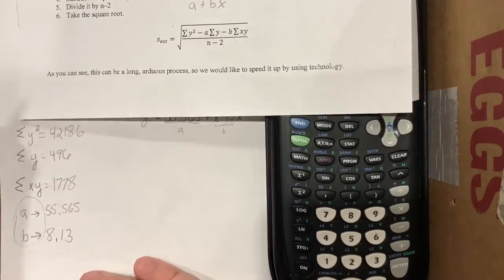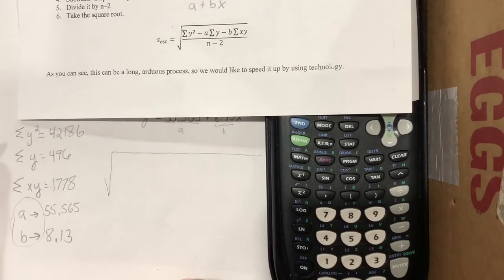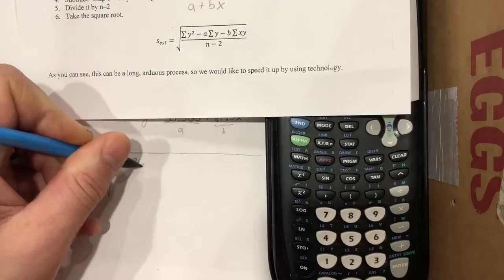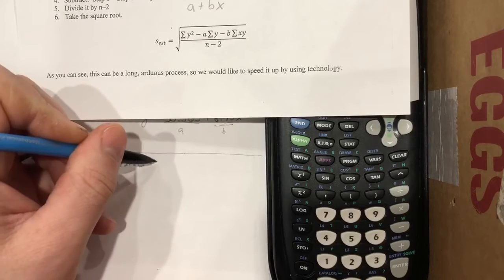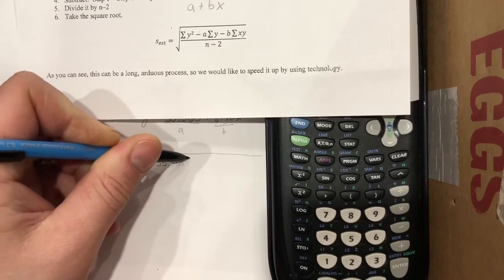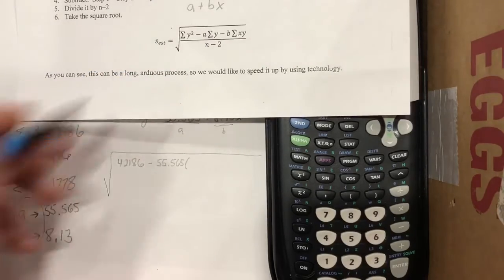So you've got the square root of everything. The summation of y squared comes first, so you've just got 42186 minus A, which is 55.565, times the summation of y, which is 496.